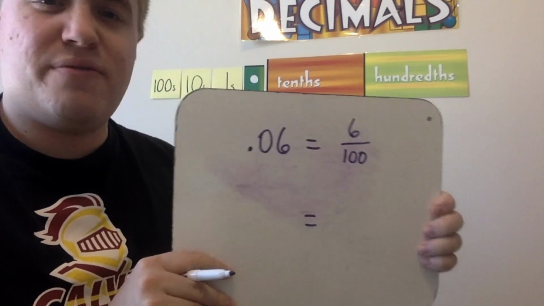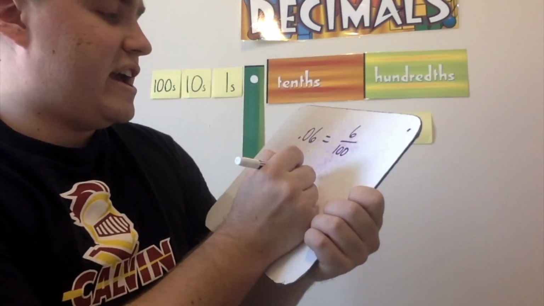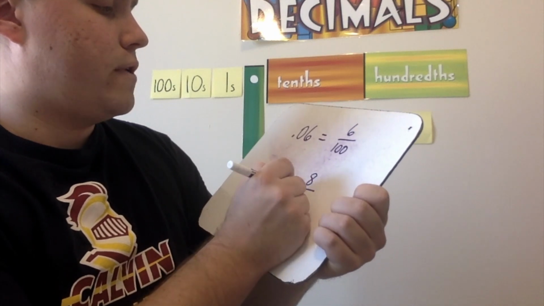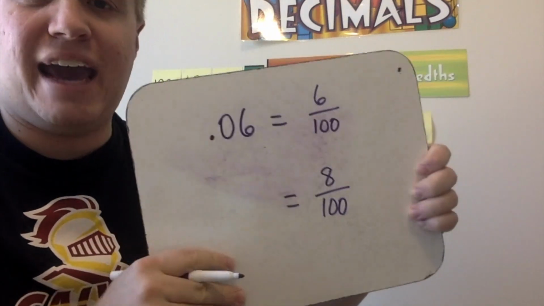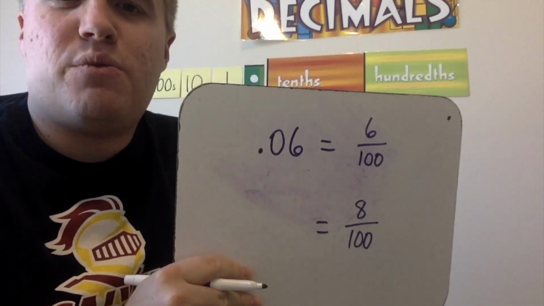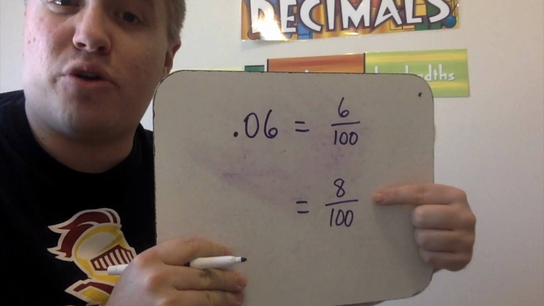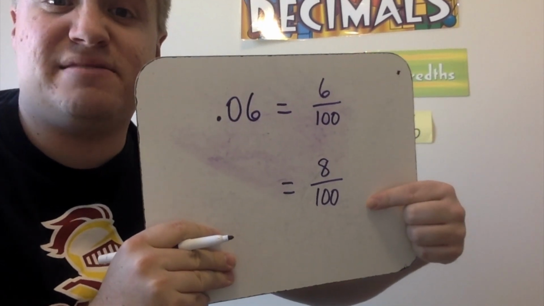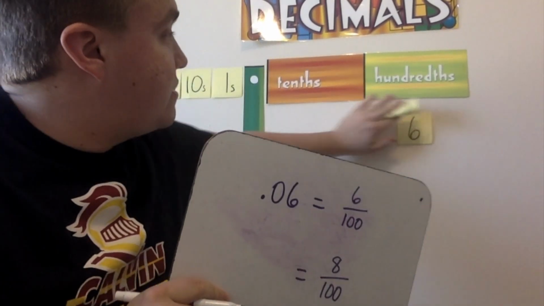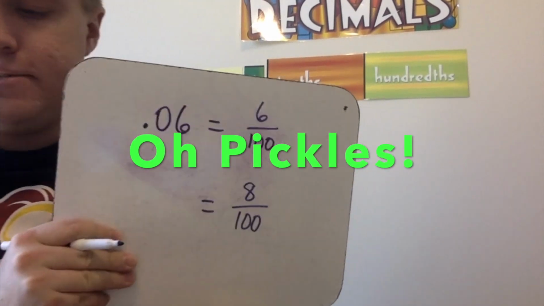6/100ths. Okay? What if we have a fraction such as, let's do 8 over 100 here. If I have 8 over 100, how could I write that one down as a decimal? Well, I know here that I could technically call this fraction 8/100ths. So simply, let me get the 8/100ths up there a second.